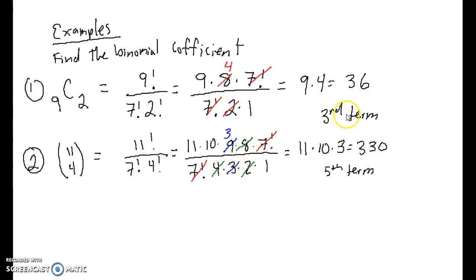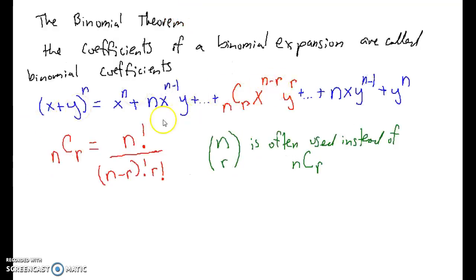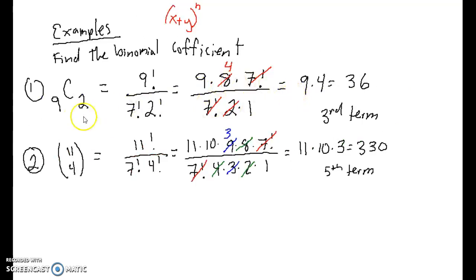I said that this was my third term, so 36 would be my coefficient. Let's just pretend all of this was x plus y, to the power of n, whatever that was. It says n minus r, so this would be x to the power of 7.